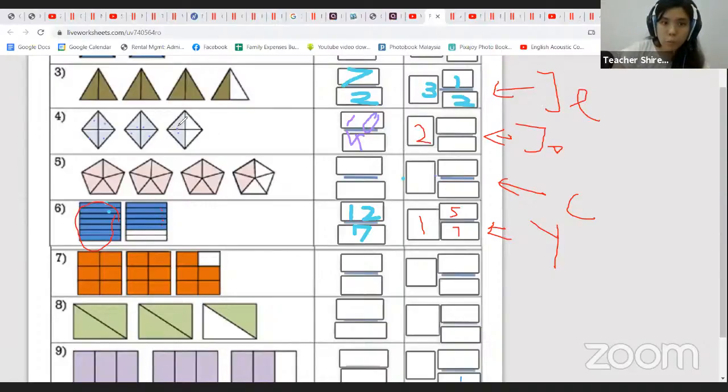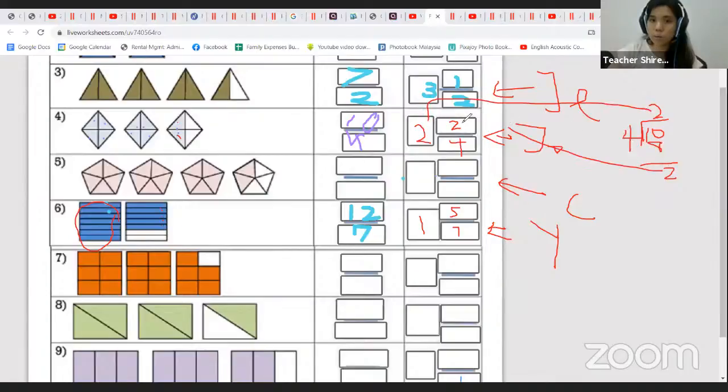So you see here, 1, 2. So it's 2 out of 4 pieces. Got it? Or in simple words, you can take this 10 divided by 4 plus 2, 8. So balance of 2. So this is the top piece here, this is the bottom piece here, and this is here. Right?